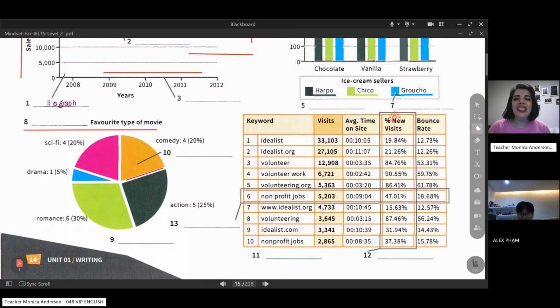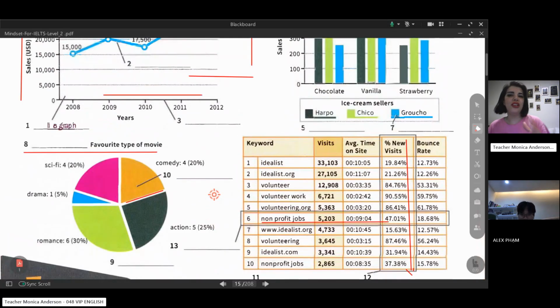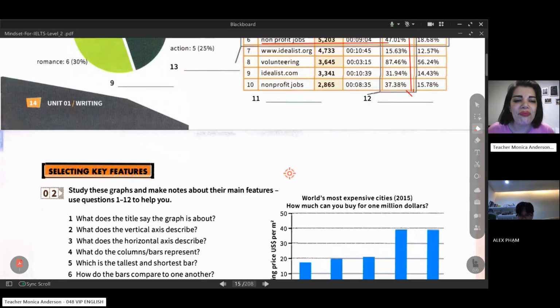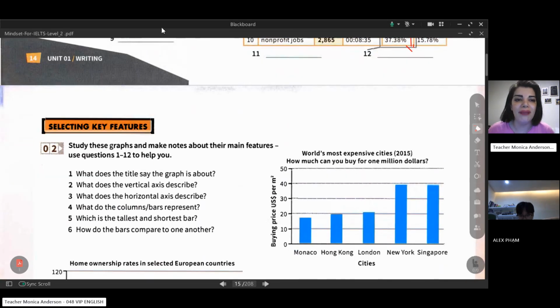And here, this one is a column, and this one is a row. Very good. So these are the words you need to know first in order to write about different visuals. Okay, so let's keep going.